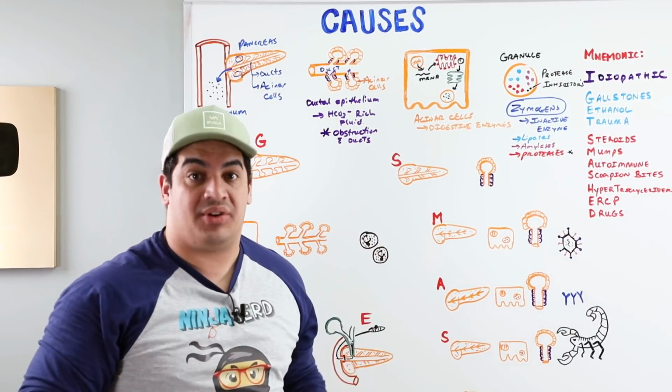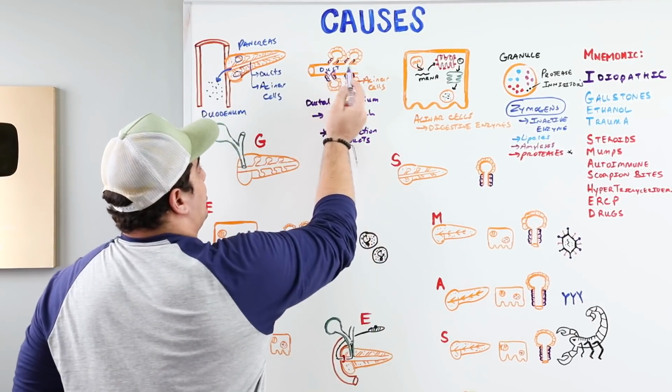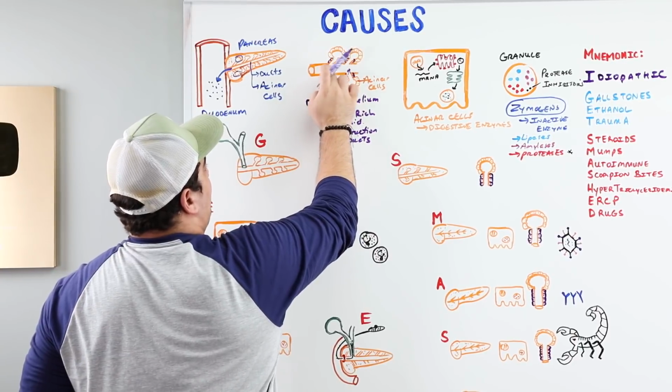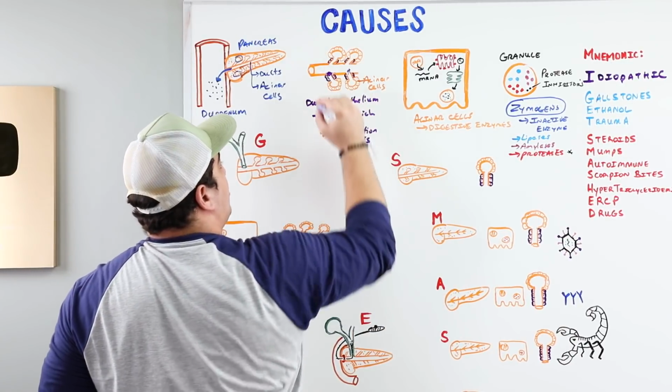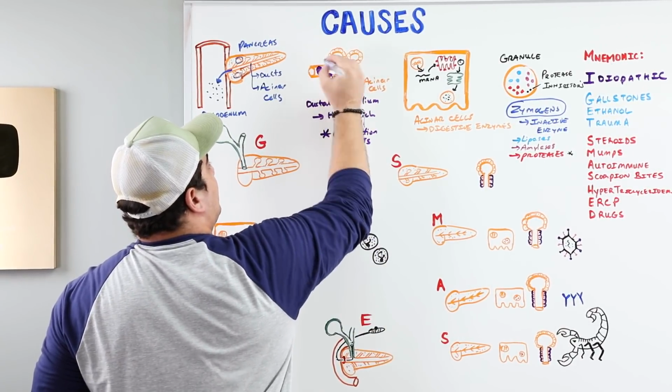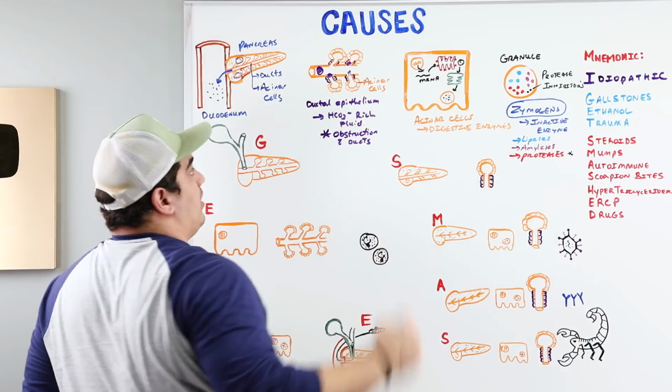Whatever the reason is, we'll go over the different causes. Let's say you have an obstruction at this part of the duct, and at this part of the duct.